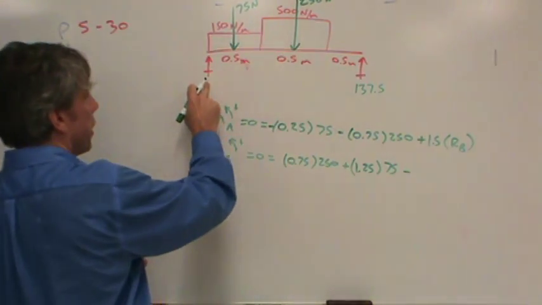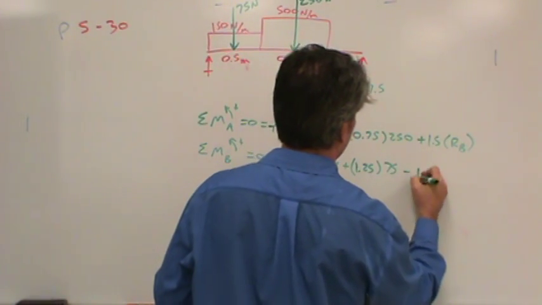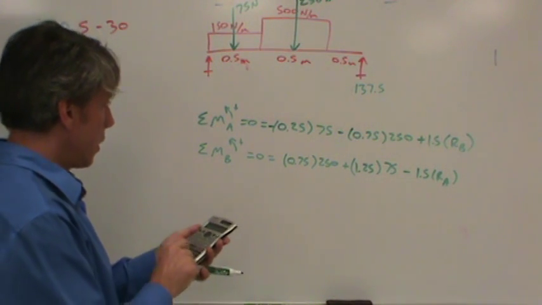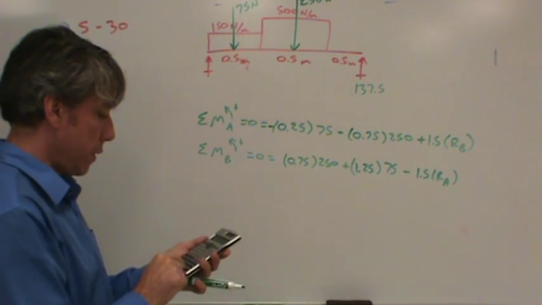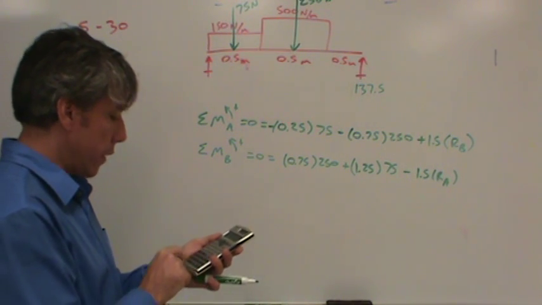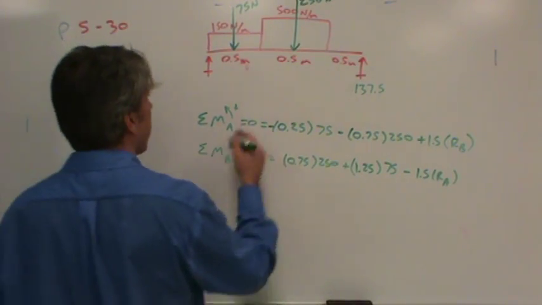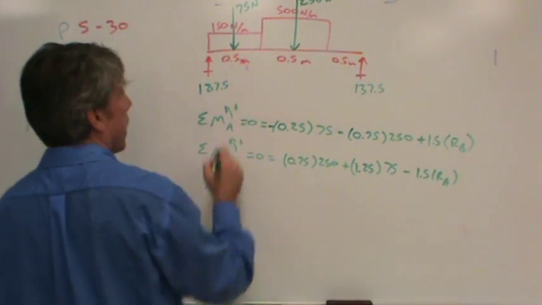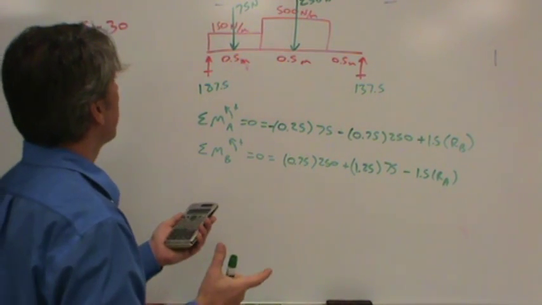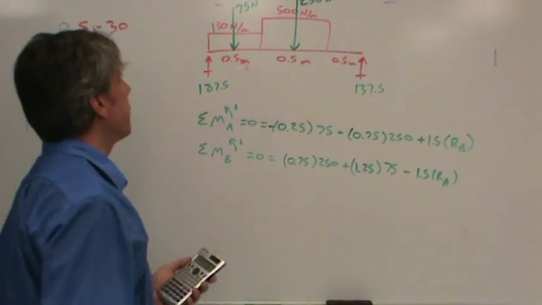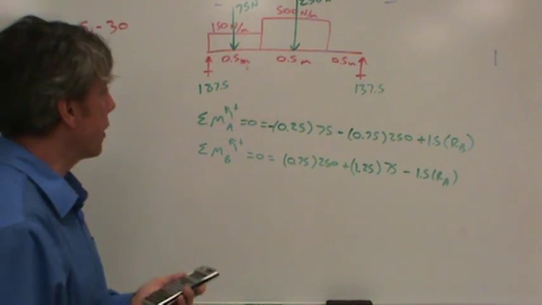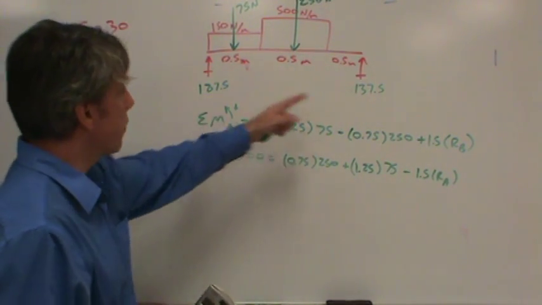And then the reaction at A is going to be a negative moment, so that would be 1.5 times the reaction at A. So now solving for the reaction at A, 3/4 of 250 and 1.25 of 75, quantity divided by 1.5 gives me 187.5 for the reaction at A. We add 137.5, we get 325. 75 and 250 are 325, so life is good. It seems to work. Okay? I think we've got the right values of our reaction loads.